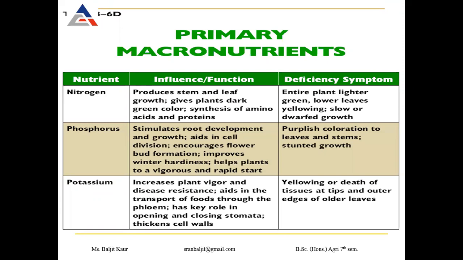So it provides disease resistance and transportation of food to the other parts of the plant. If there is a deficiency of potassium, then the edges of the leaves will firstly become yellow, and then the tissue of those leaves will die. Okay, so these are the macronutrients which are required in larger quantity.